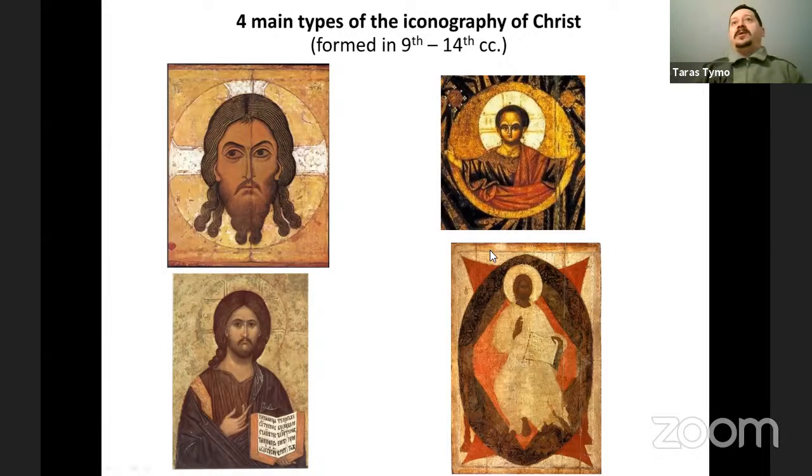pertaining to Jesus. And then the final, maybe least familiar for you, is the so-called Christ in the glory, or Christ in the heavenly glory, one could say, representing Jesus also as a teacher, but in a more heavenly, apocalyptic representation, usually in a snow white or golden dress, with an open book, but seated not on an ordinary throne, but on a kind of angelic throne, full of angelic faces and wings.